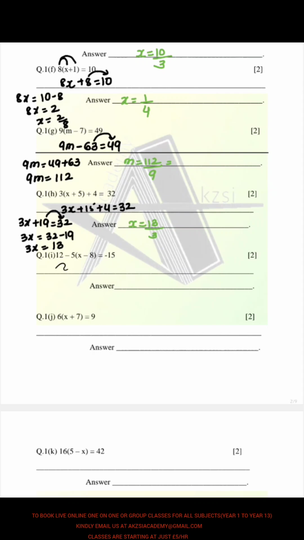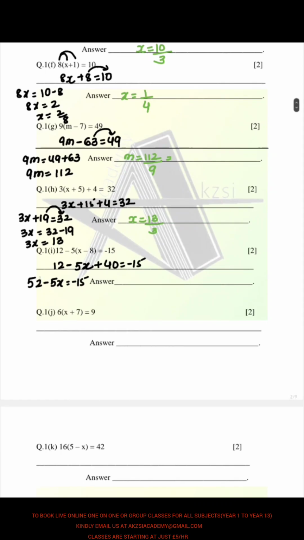Next, 12 minus, and we have a bracket. 5 times x is 5x, negative 5x. Negative 5 times negative 8 is plus 40, equals negative 15. Now, 12 plus 40 is 52. Minus 5x equals negative 15.